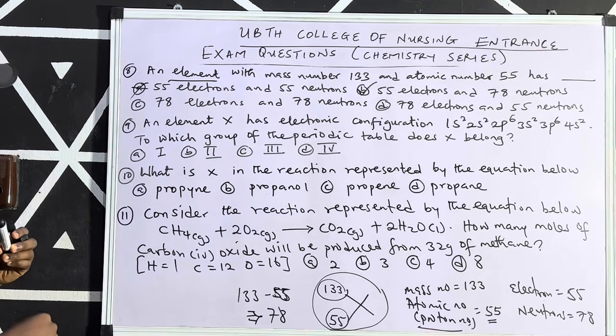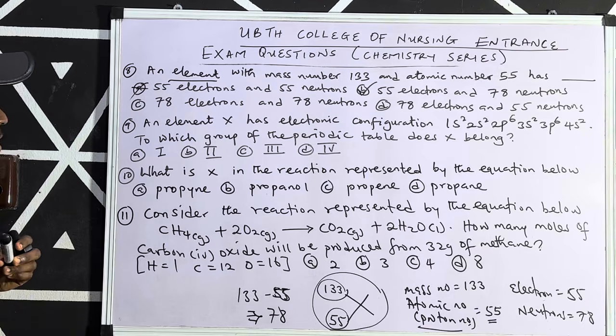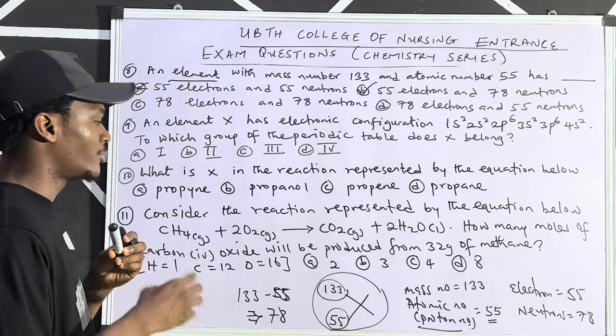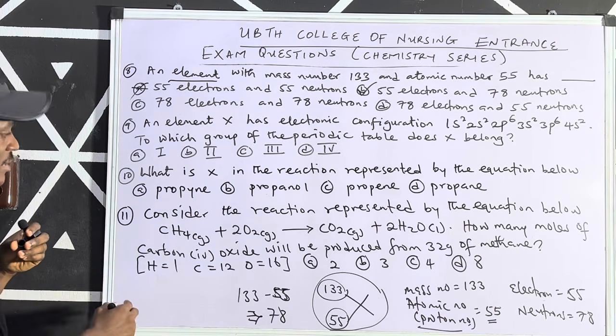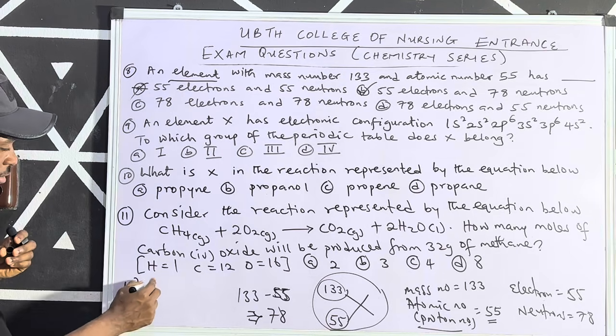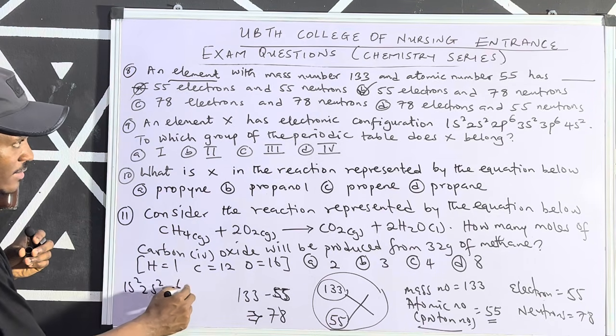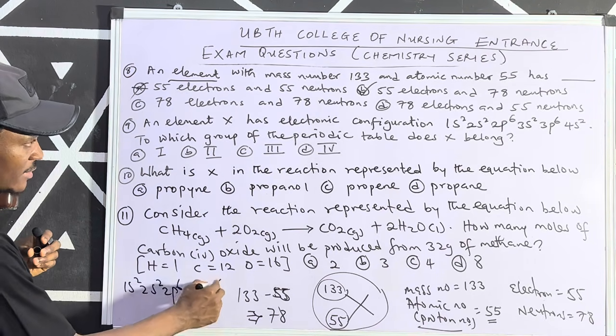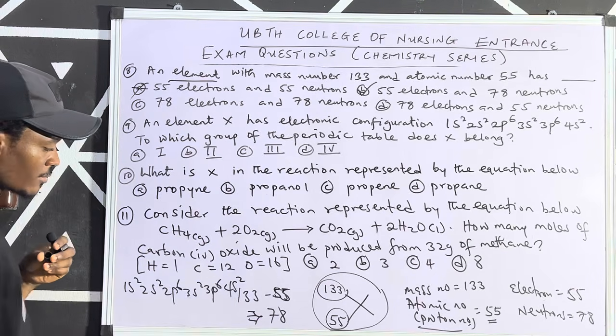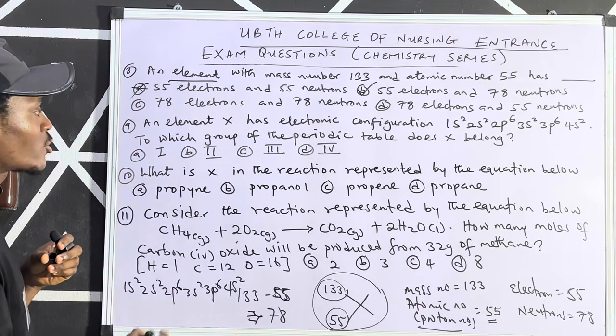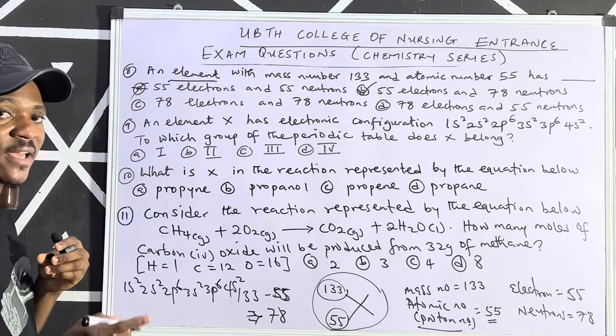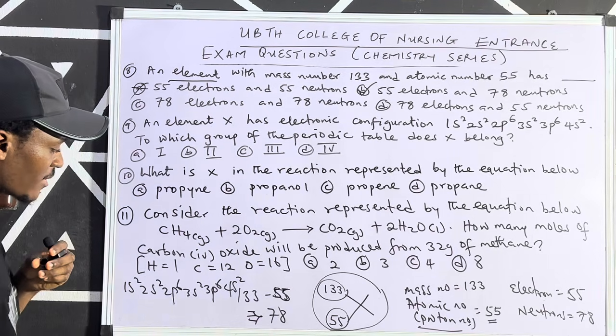Then question 9. An element X has electronic configuration 1s2, 2s2, 2p6, 3s2, 3p6, and 4s2. They are asking, to which group of the periodic table does X belong? This is very easy.